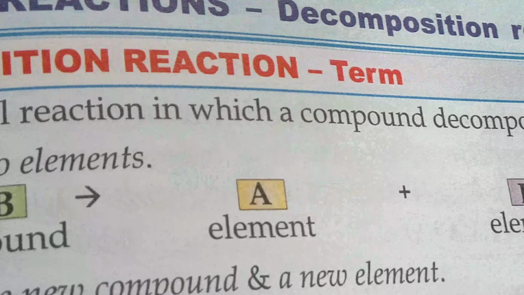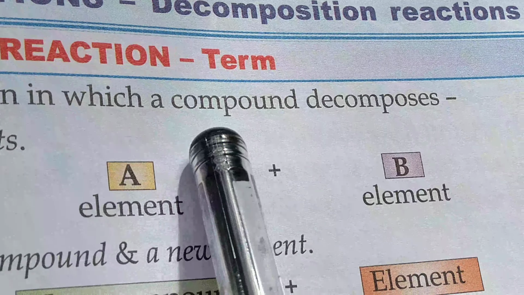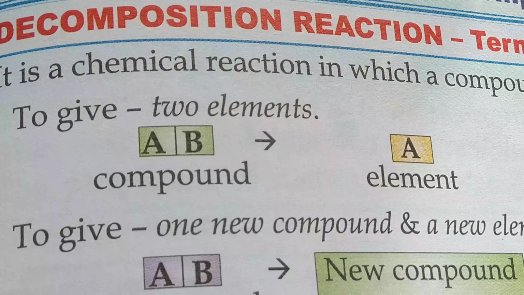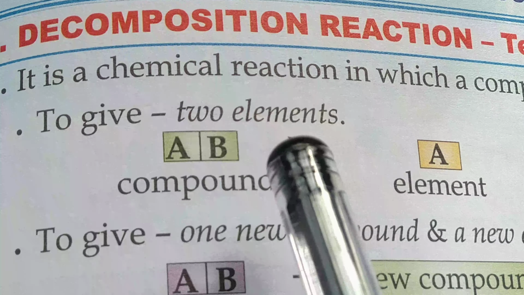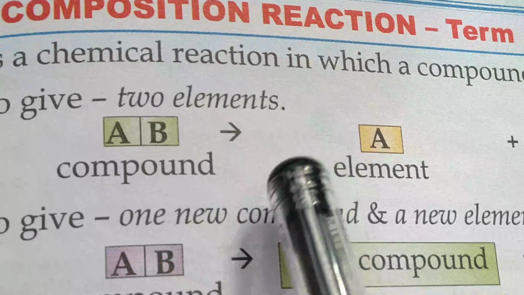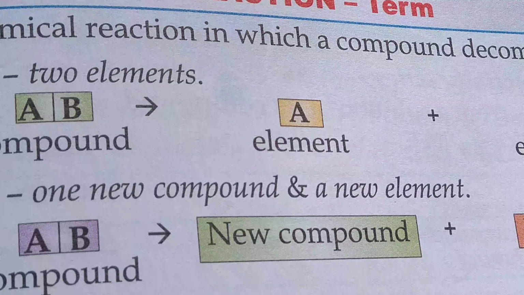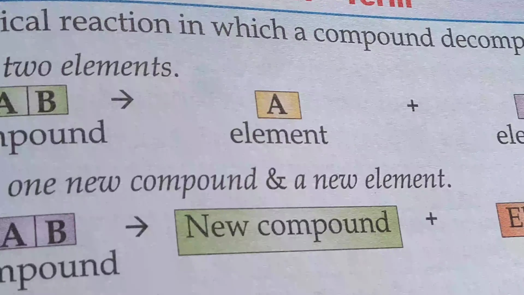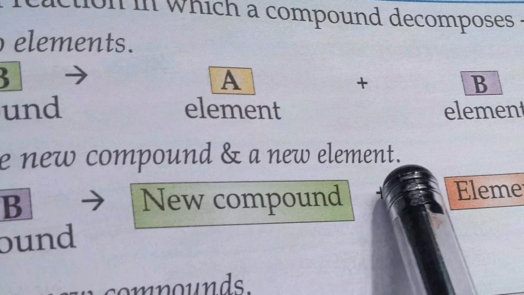Next, decomposition reaction. It is a chemical reaction in which a compound decomposes. That means a single reactant decomposes and produces new products. One new compound and one new element.